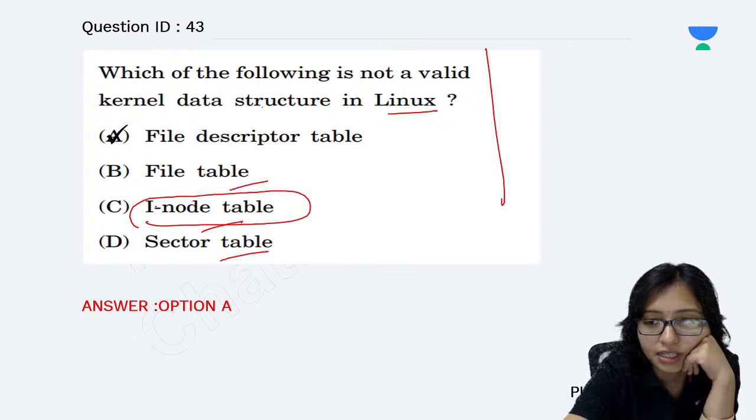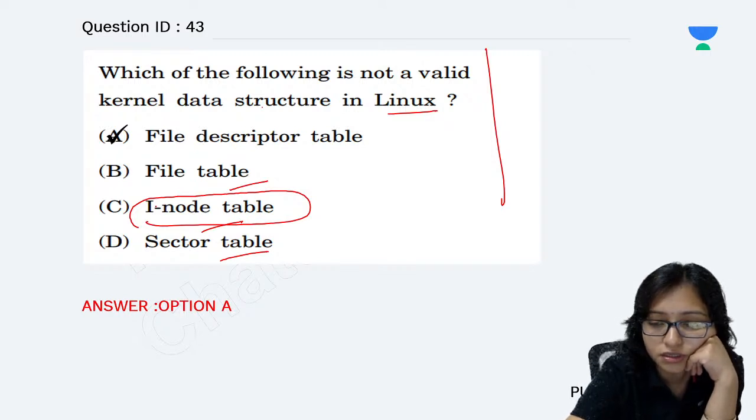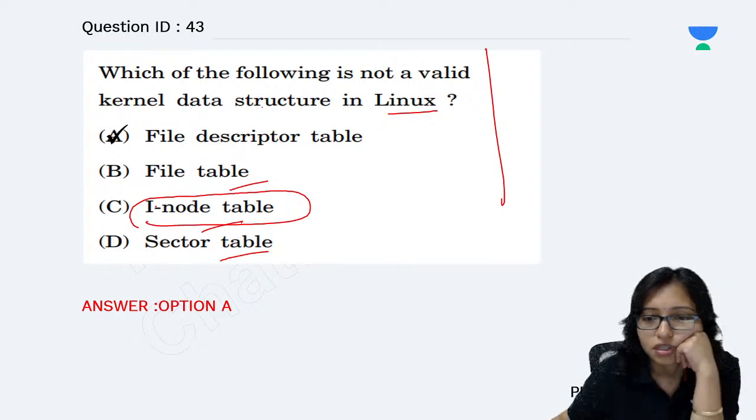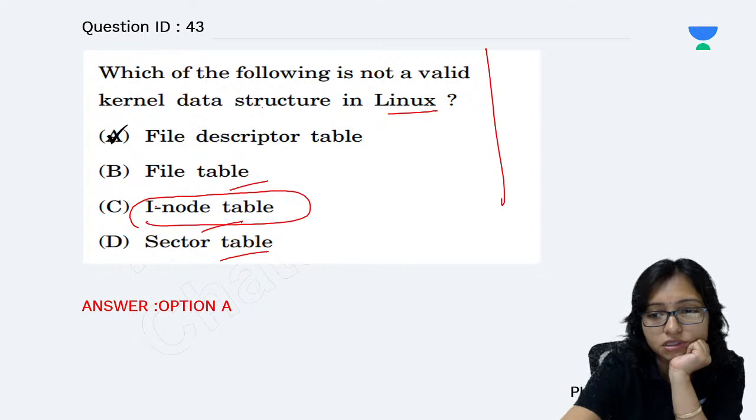And other than that, sector table, file descriptor table, user table, linked list, queue, array.